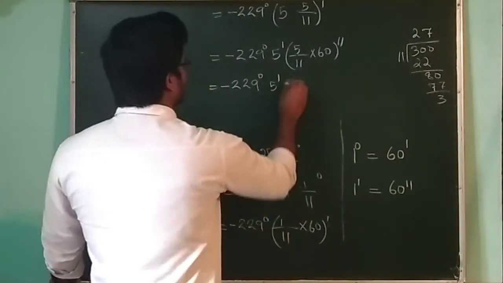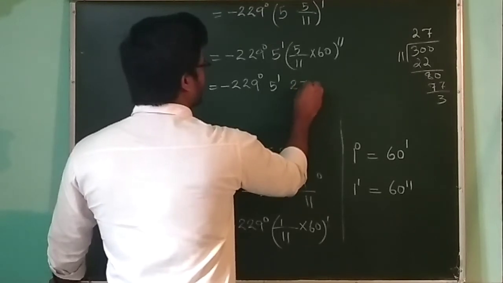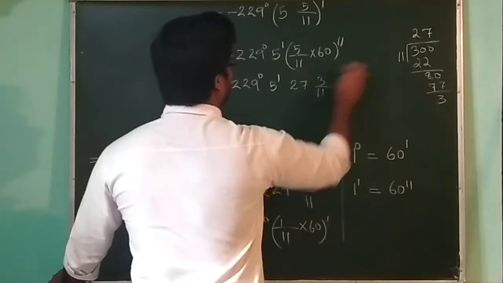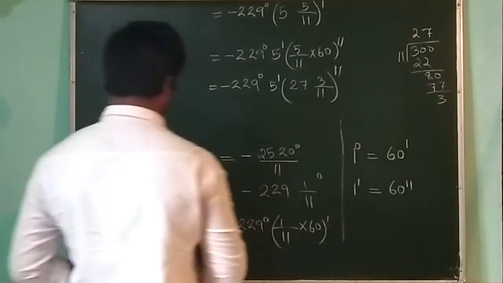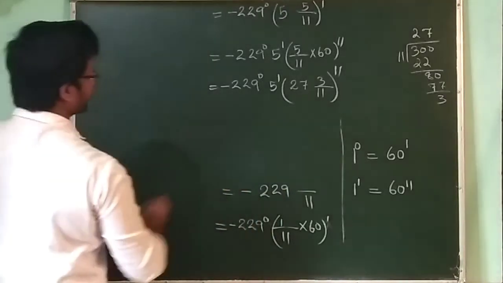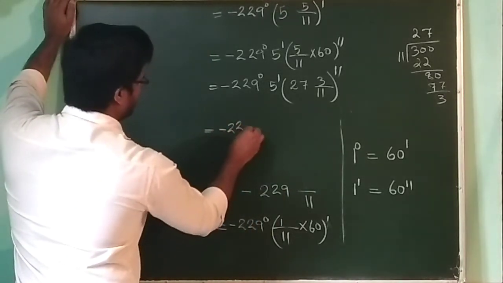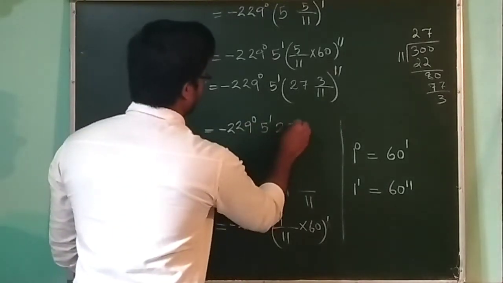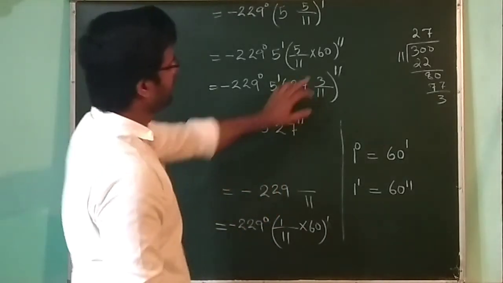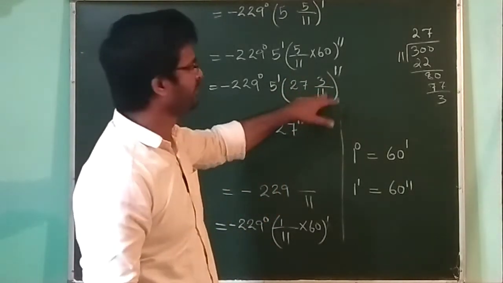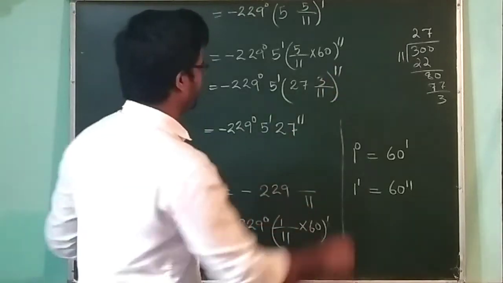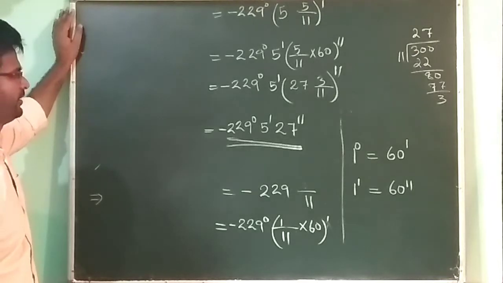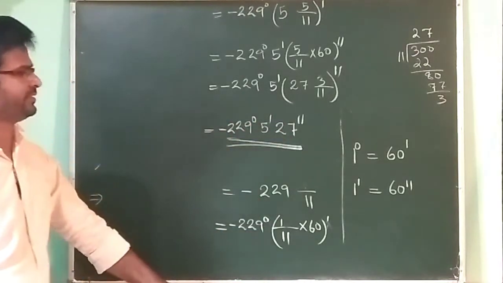We can write now 27 and 3 by 11 second. Minus 229 degree 5 minute 27 second. This 3 by 11 second is a very small value, that's why just leave it. Then our answer is minus 229 degree 5 minute 27 second.